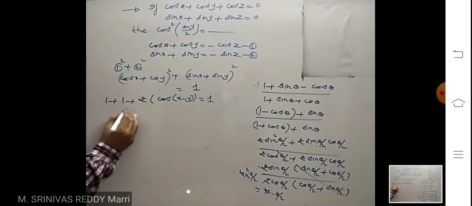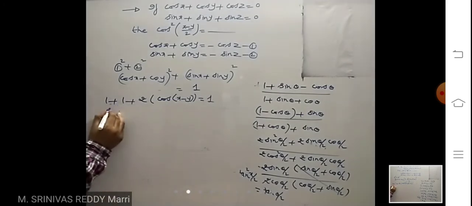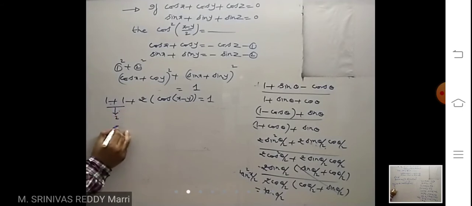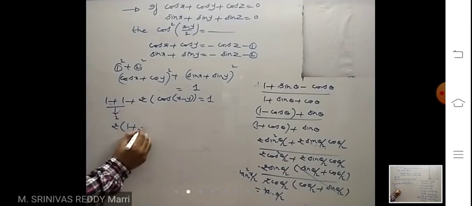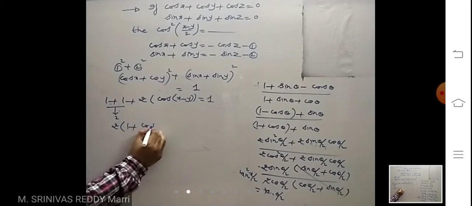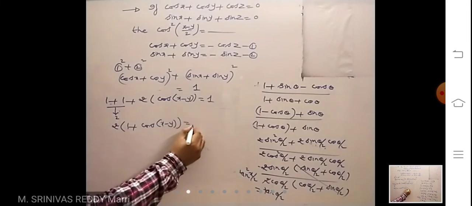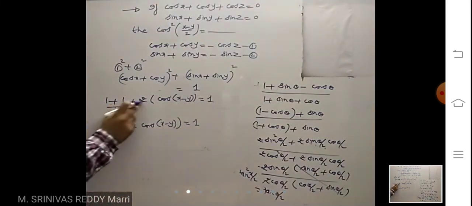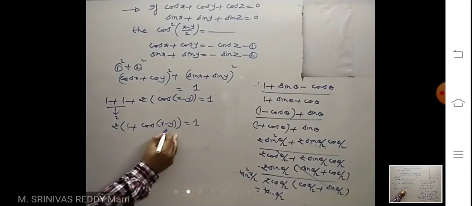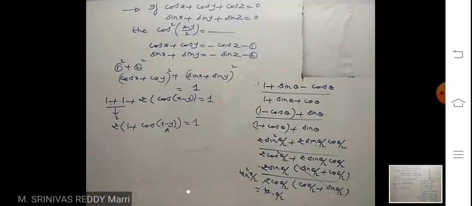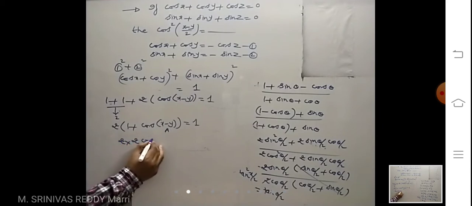Now look at 2. 2 common. So 1 plus 1 is 2, now take 2 common: 2 into 1 plus cos x minus y. Now look at 1 plus cos a. 1 plus cos a is what? 2 cos square a by 2.